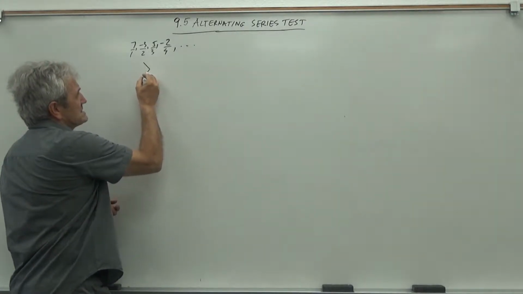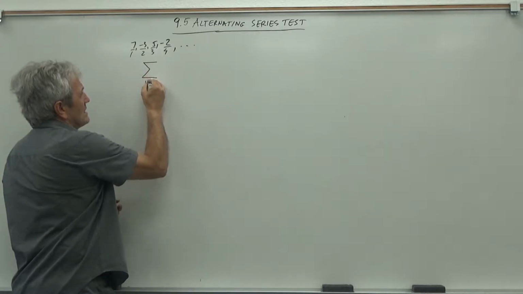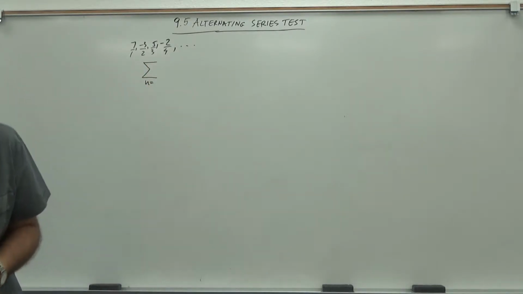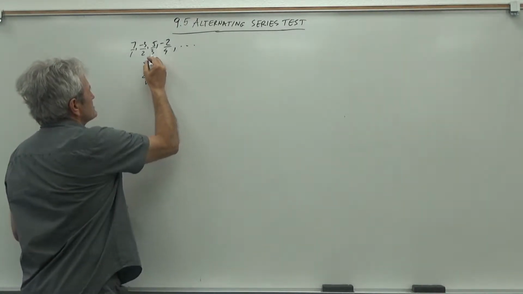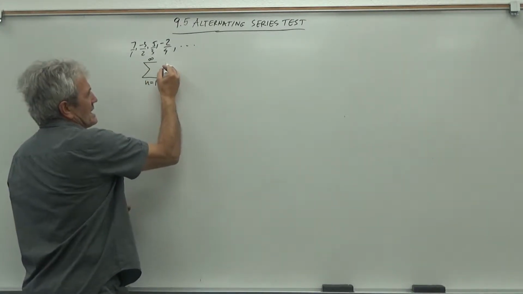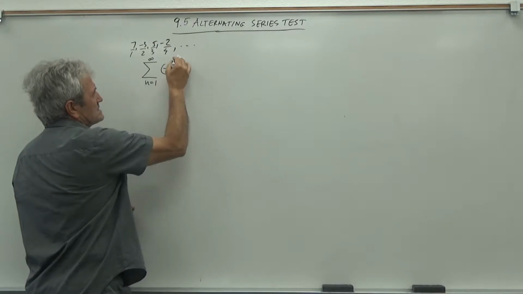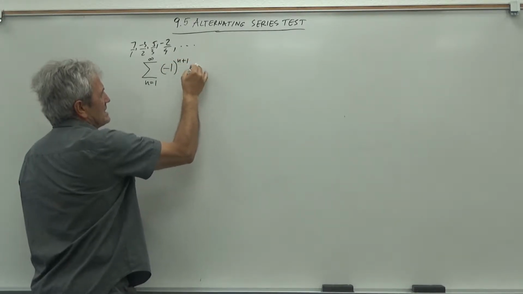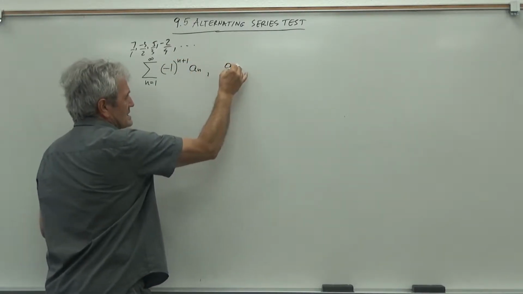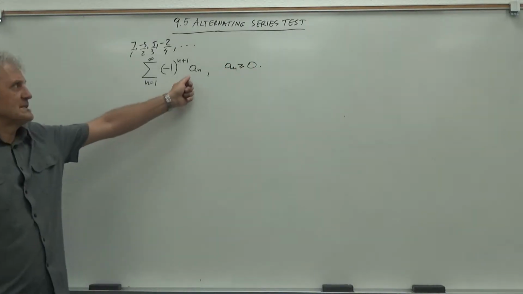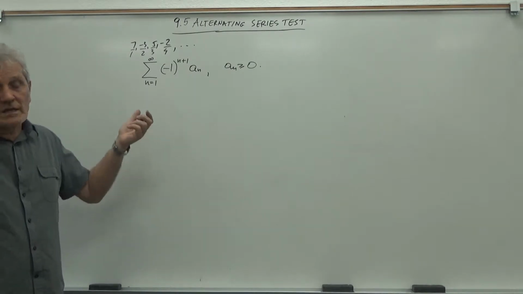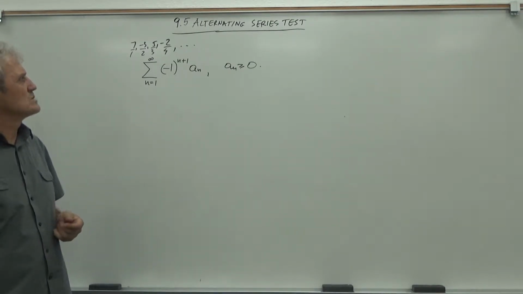We'll write it as sigma n goes from 1 to infinity of negative 1 to the n plus 1 times a_n, where a_n is non-negative. So generally a_n itself is assumed to be non-negative, or positive most often.